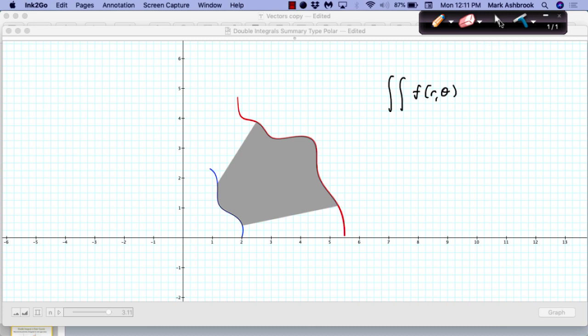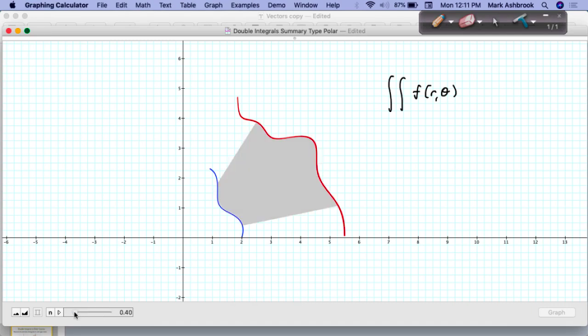The way we're going to think about it is going to be what? Yes, sir. Integrate for a given theta, all the radiuses within the region that you want. Okay. And then you do that for all of the thetas.